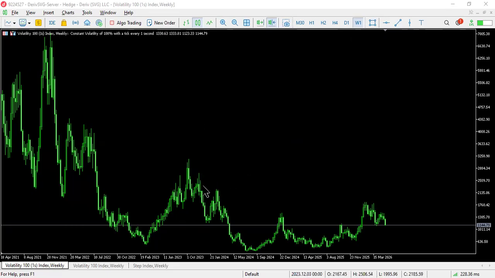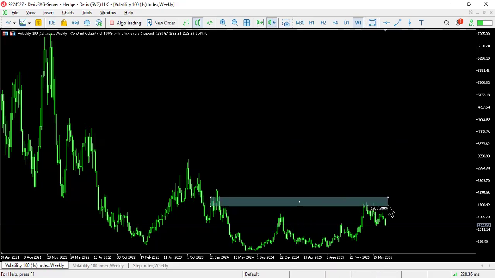So firstly, you need to minimize your chart as you can see, and then you mark your key levels. As you can see, price is pushing down from that supply zone, and then down here we have a demand zone.